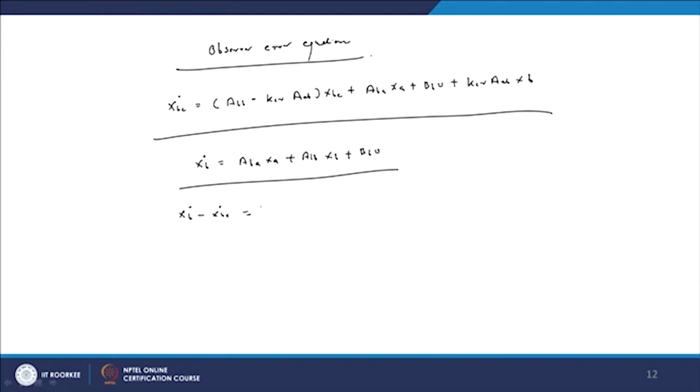So if we subtract this from this, what will we get? We will get the equation as ABB minus KER into AB into XB minus XBE, and this XB minus XBE we can write as the error, in terms of T minus TE.